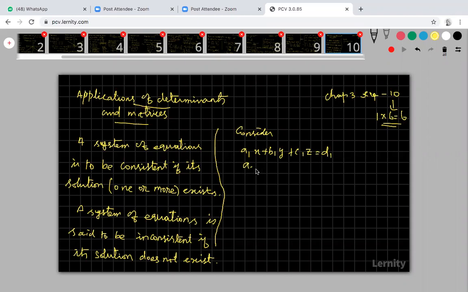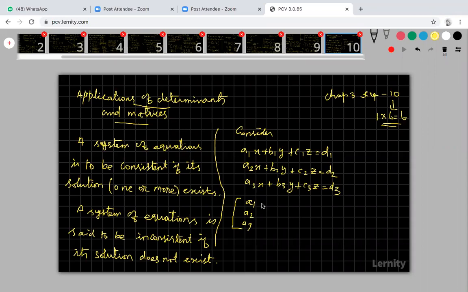Now take the second equation, a2x plus b2y plus c2z equal to d2, and a3x plus b3y plus c3z equal to d3. Now collect the coefficients of x. What are the coefficients of x? a1, a2, a3.